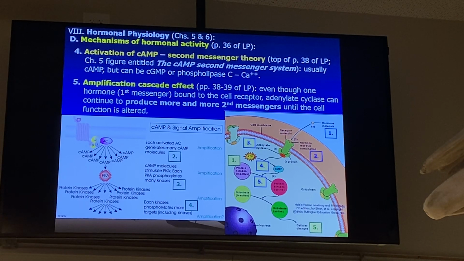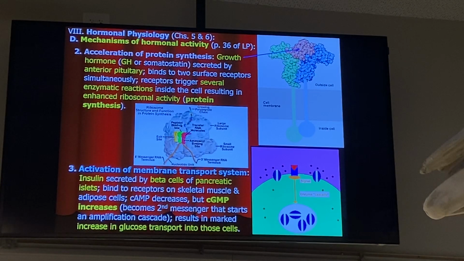Yes? Could you please talk about insulin? Insulin opens up both glucose and amino acid channels on the cell membrane.